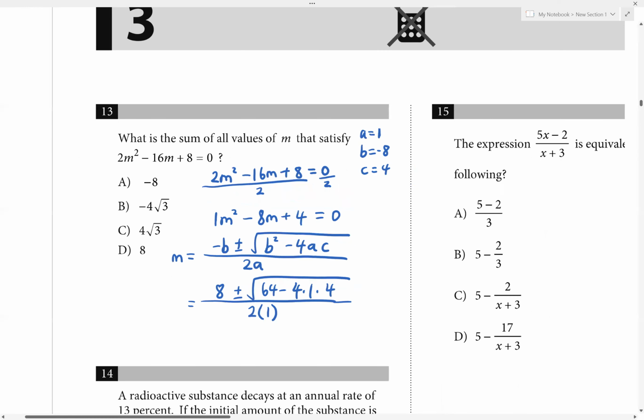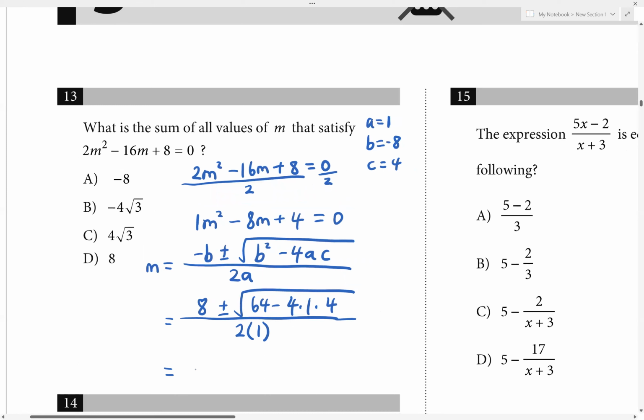Let's solve this out. We get 8 plus or minus the square root of 64 minus 16. 64 minus 16 is 48.